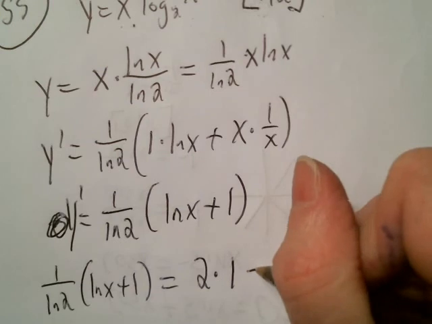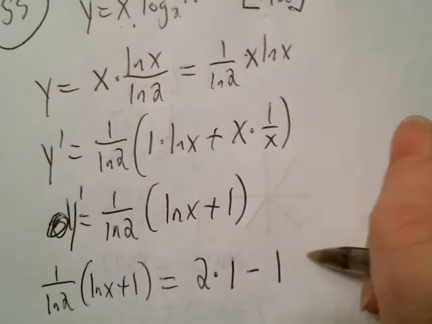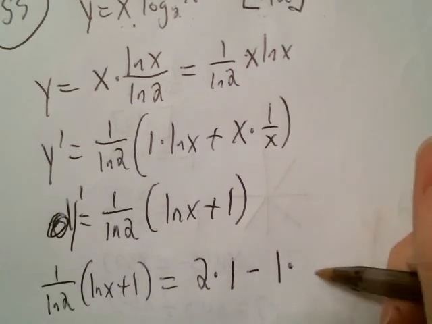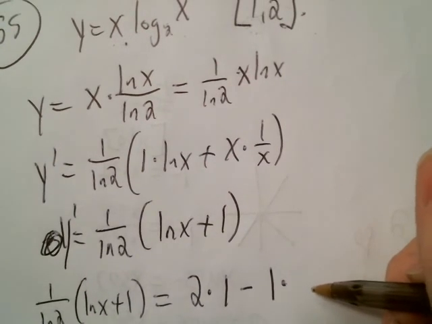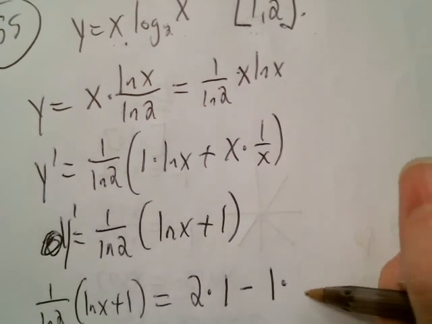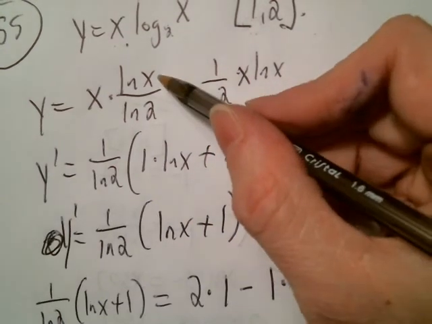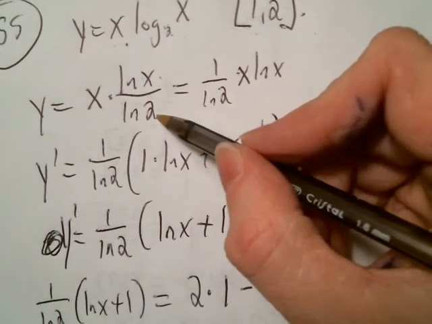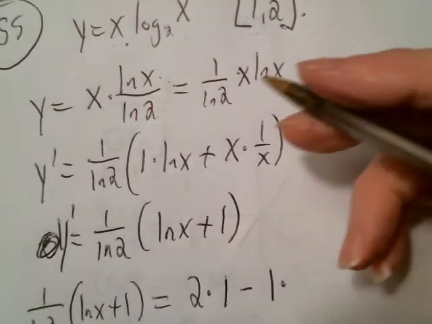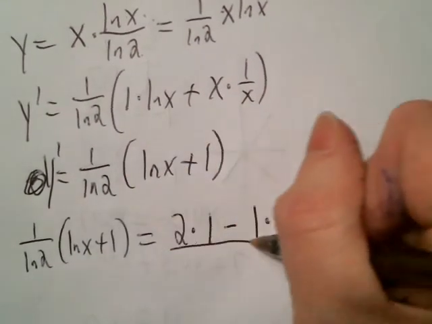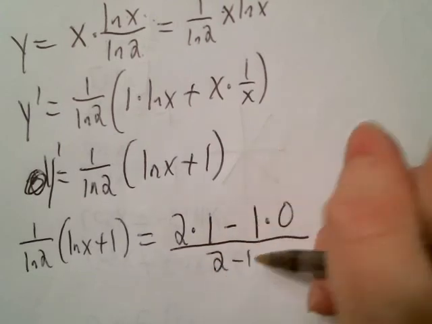And then minus, plug 1 in there, so 1 times ln of 1 over ln 2. ln of 1 is 0. So anything times 0 is just going to be 0. And this will be all over 2 minus 1.